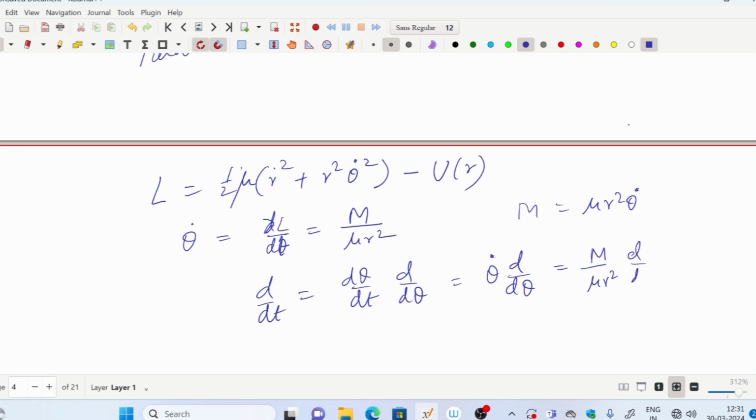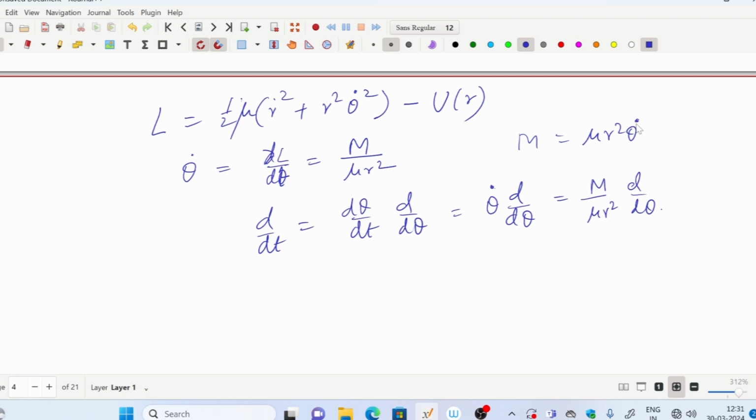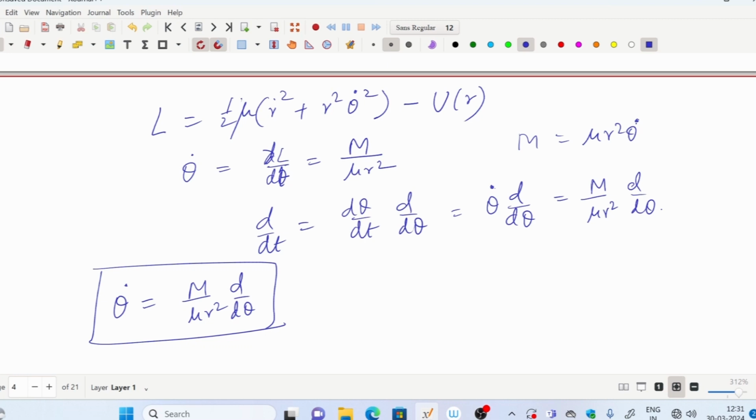So d dt equals M by mu r square d d theta. We are going to find a differential equation, so let us box this equation, which will be useful.